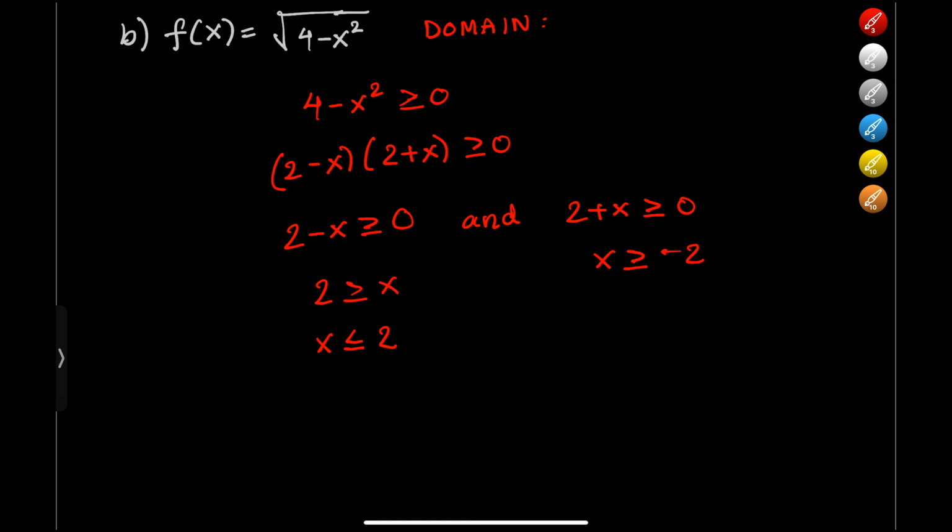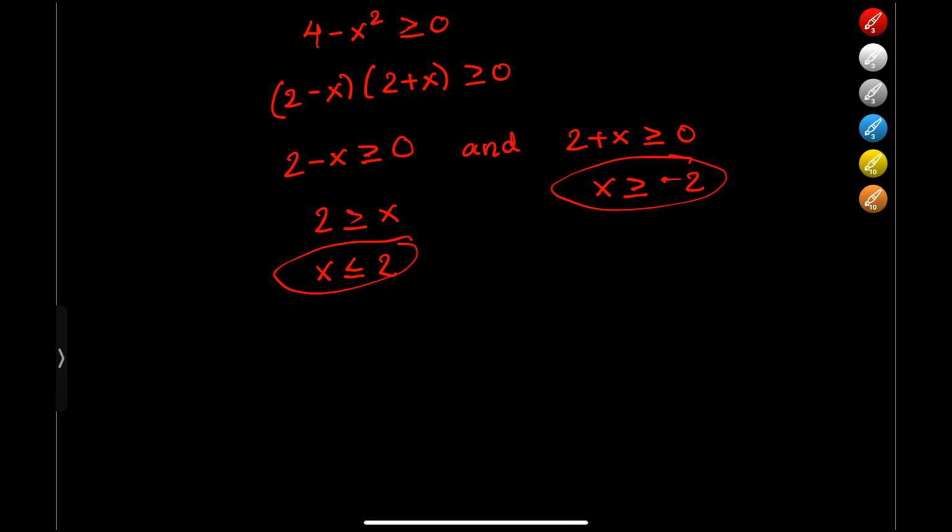These are two separate inequalities, but we could combine them into this: negative 2 is less than or equal to x, which is less than or equal to 2. So this is our final inequality.